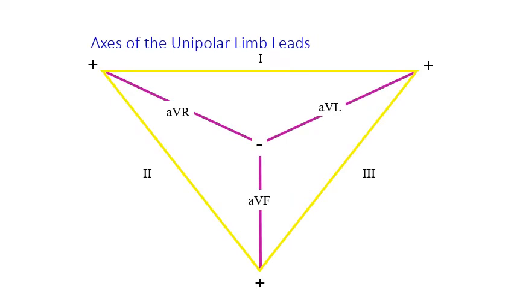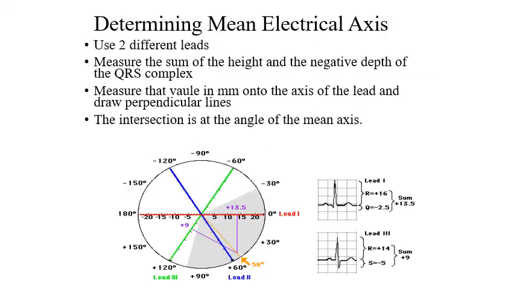And this is another way to put leads, with the AVR, AVL, AVF, the bipolar and the unipolar leads, in order to make it easier for you to memorize the angles and the relationships between these leads. You can memorize how we can put them in a triangle, and then how we can measure the angles in the axial reference system.